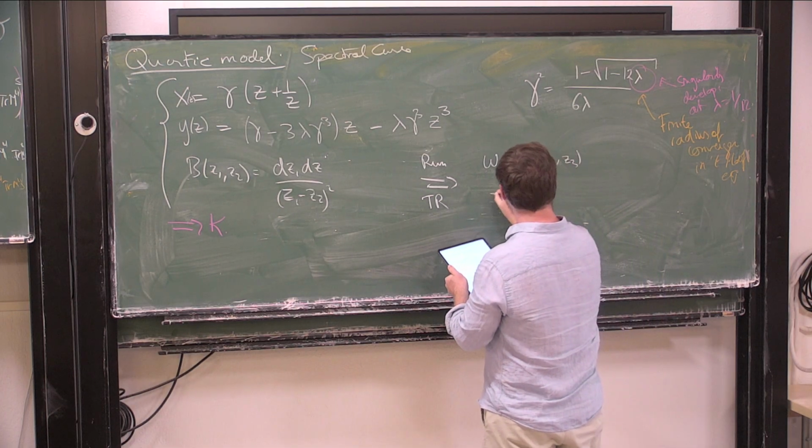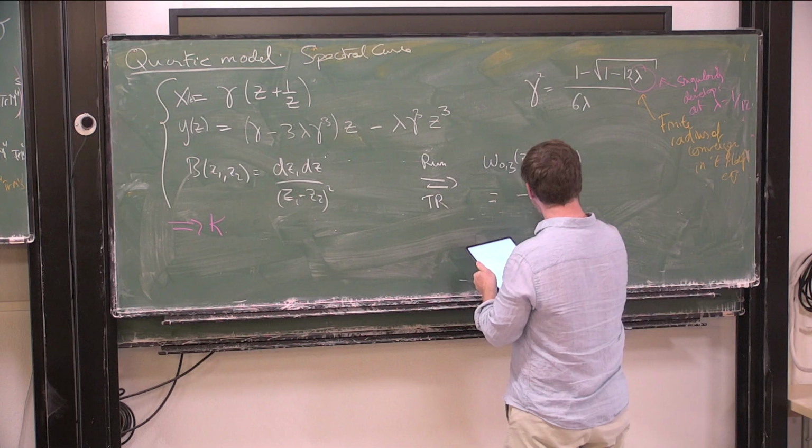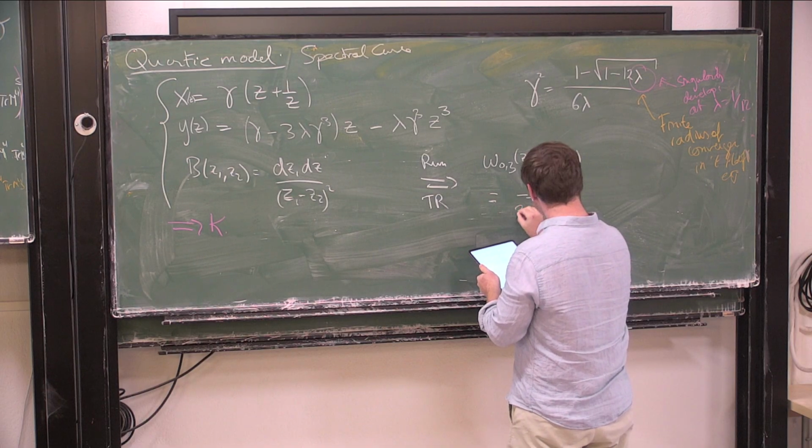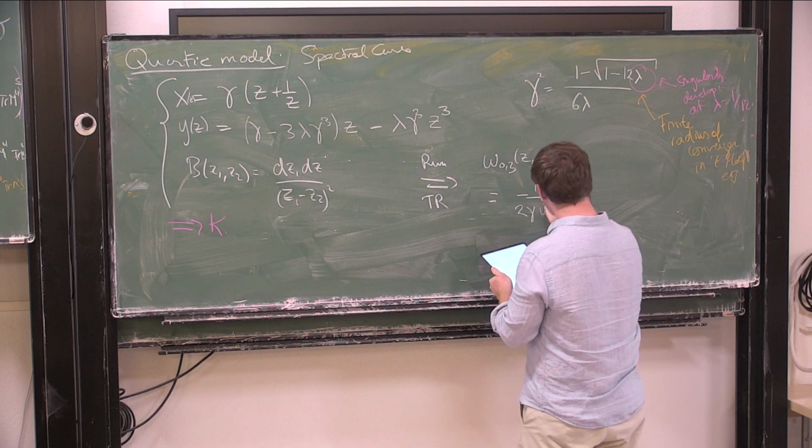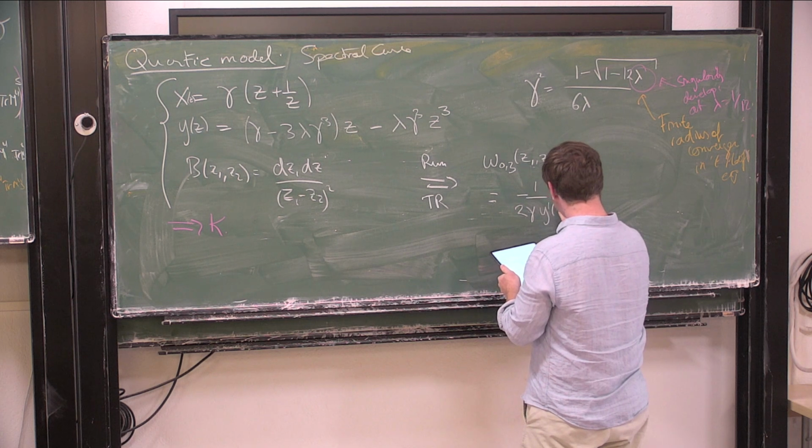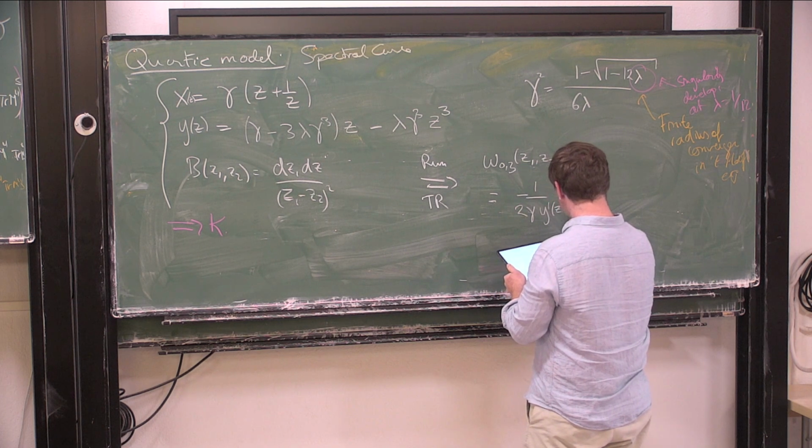And this ends up being minus 1 over 2 gamma y prime at z equals 1.